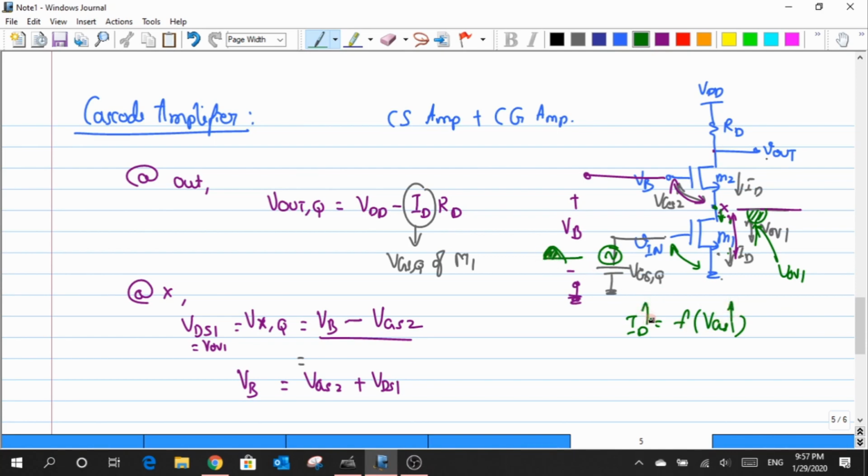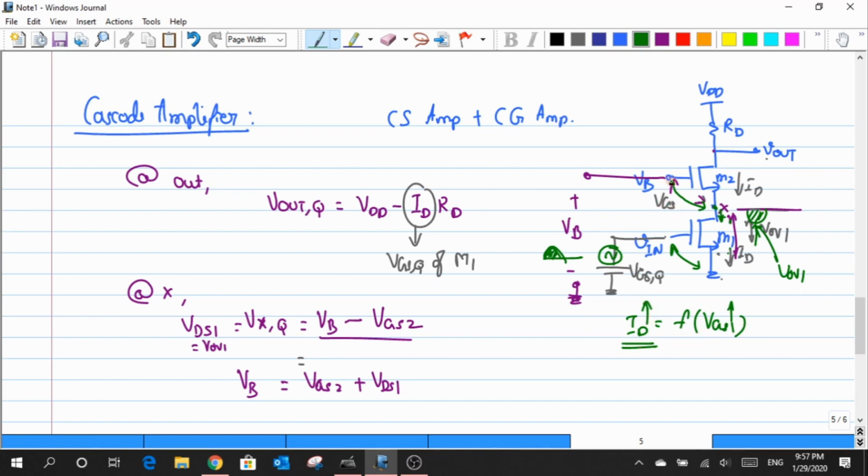The current also has to increase. Now, if my M2 transistor has to support the same increase in the value of ID, then the only way it can do that is by changing its VGS2 to a completely new value. That is, from the previous value of VGS2, I have to increase the value of VGS2 in order to support a larger current, just because of the same relation that I have written here.